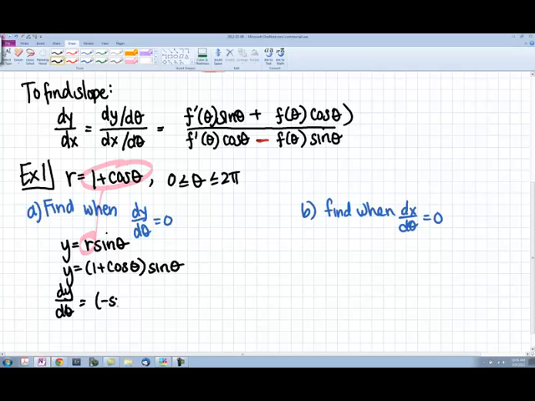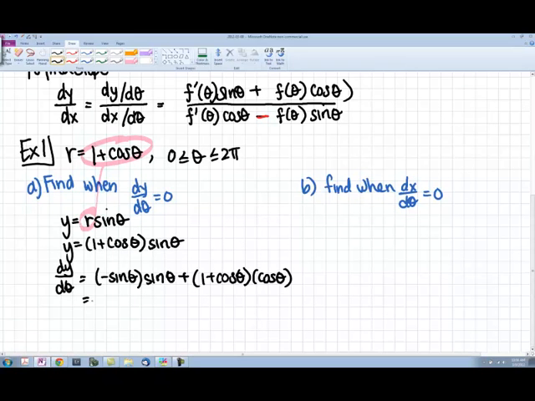So I'll get negative sine theta times sine theta plus 1 plus cosine theta times cosine theta. And I'll need to solve for this when it equals 0, so I have negative sine squared theta plus cosine theta plus cosine squared theta.